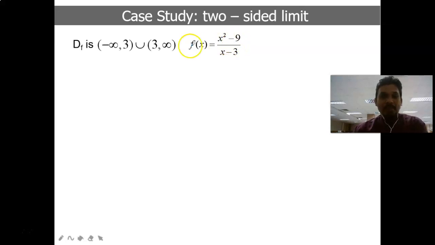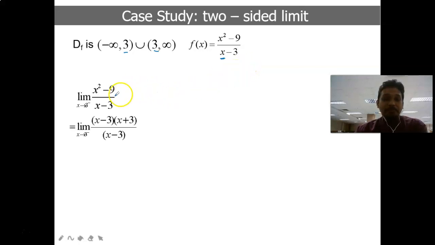The domain of this function is all values of x except when x equals 3. Why? Because if x equals 3, then 3 minus 3 equals 0, and the whole function is undefined. Also for x squared minus 9, when 3 squared equals 9, 9 minus 9 equals 0.